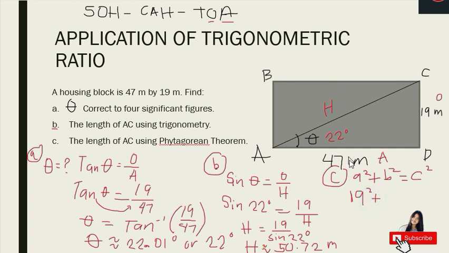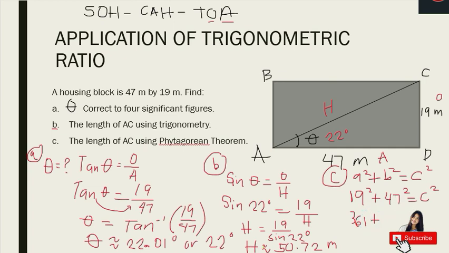19 squared plus 47 squared equals c squared. So 19 squared is 19 times 19, which is 361, plus 47 squared.